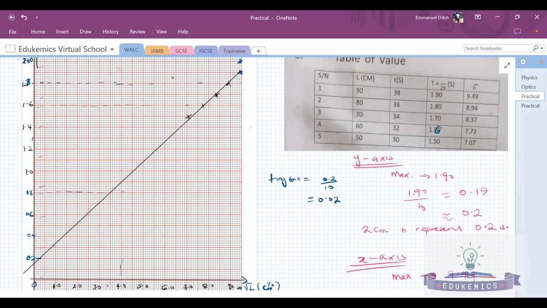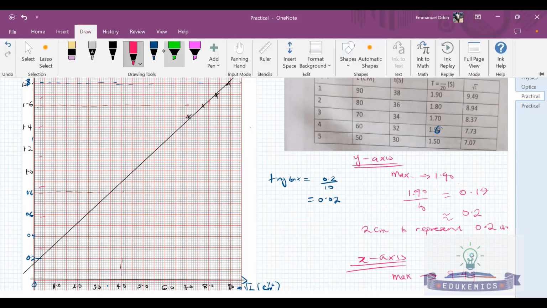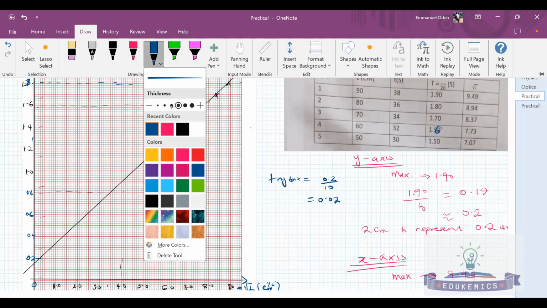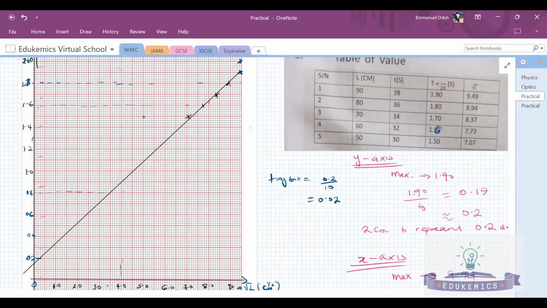Very easy. So let me pick this point here. Let me pick another easy point, very easy point. Easy, no ambiguity.